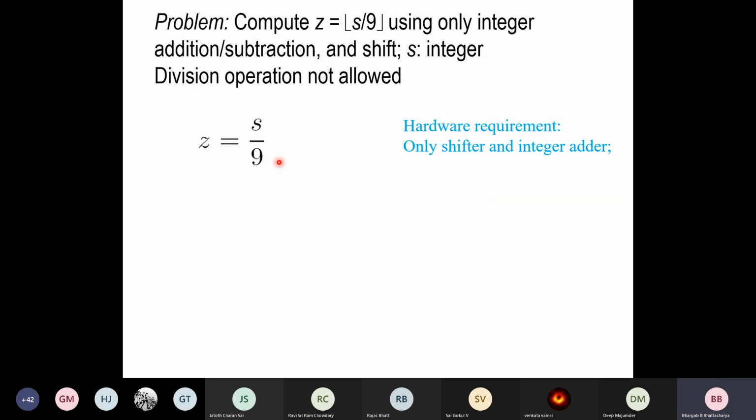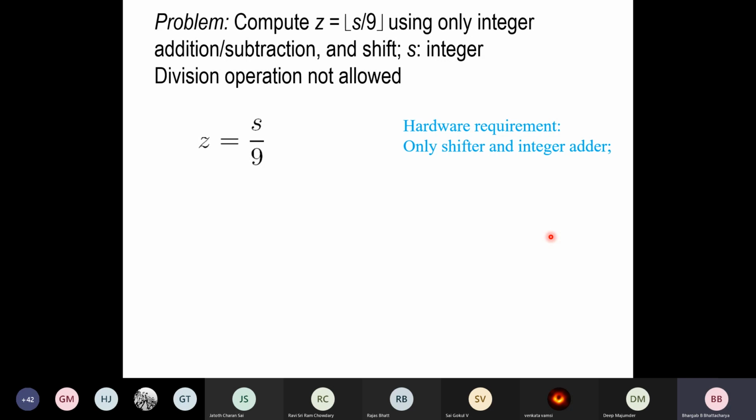So you understand the difficulty of dividing by 9, because it involves floating point arithmetic. But I don't want to do that in my hardware. Repeatedly subtract 9 and keep a counter. Well, that you can do, yes. Repeatedly you can subtract it, yes. That is division by repeated subtraction. That's one way of doing it, yes.